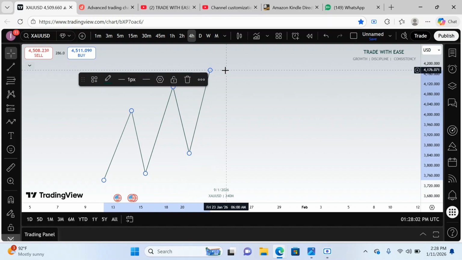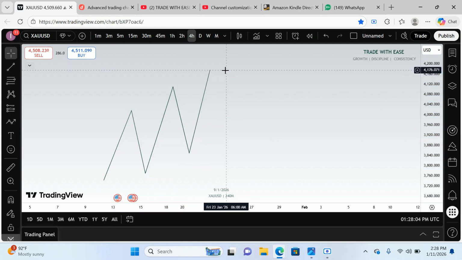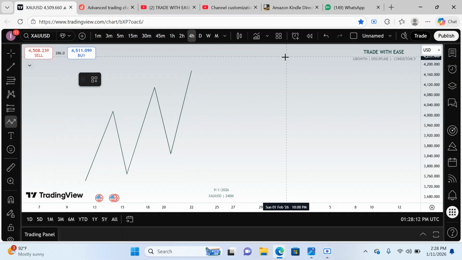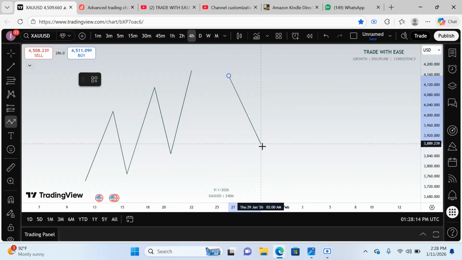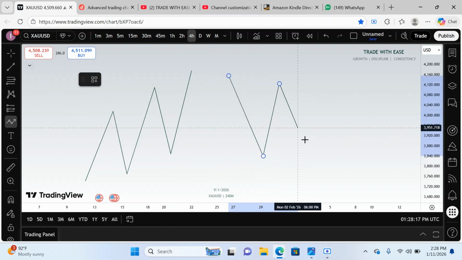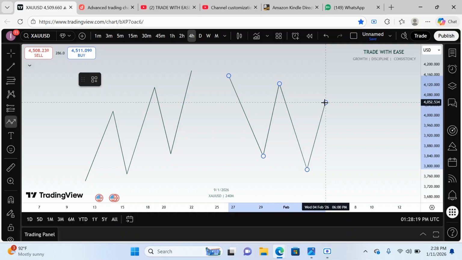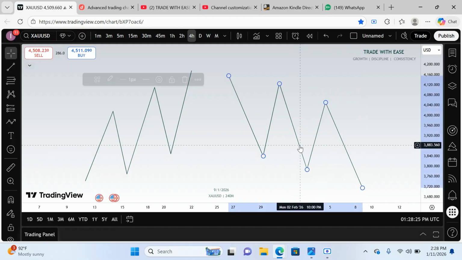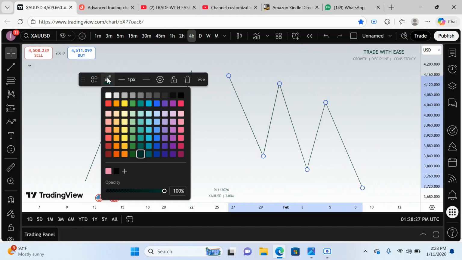Now, if I want to ask you what kind of trend is this? This is an uptrend, right? This is a buy structure, right? And if you have something like this, this is a sell structure, right?